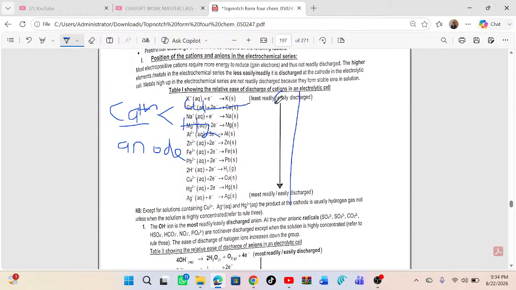Ukiona copper sulfate, magnesium sulfate, hizi zote. So copper itakuwa inaproduciwa wakati copper sulfate imetumika. Any remaining substances or any remaining aqueous solution, hydrogen gas will be produced at cathode.